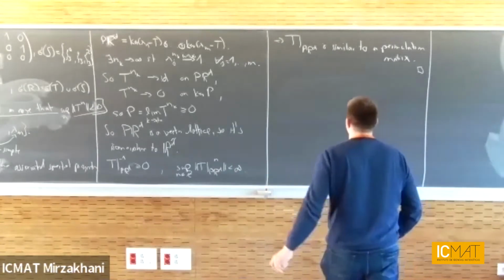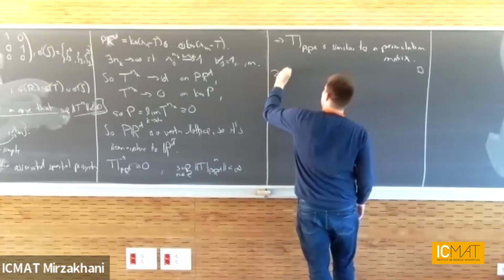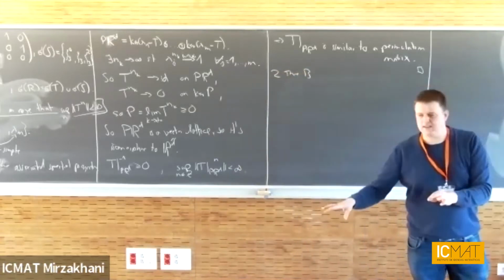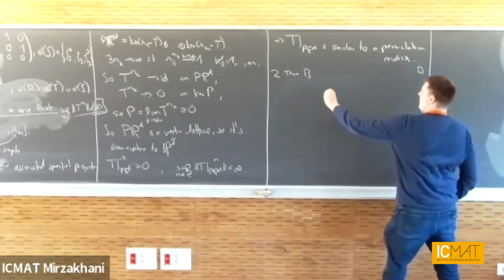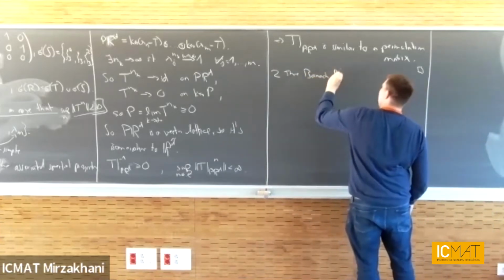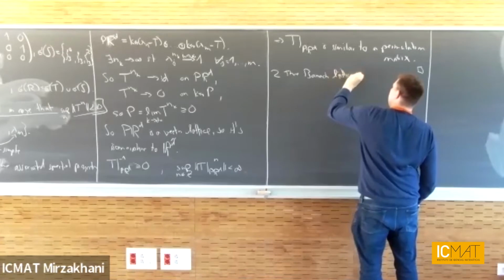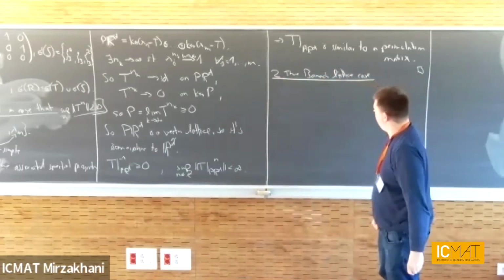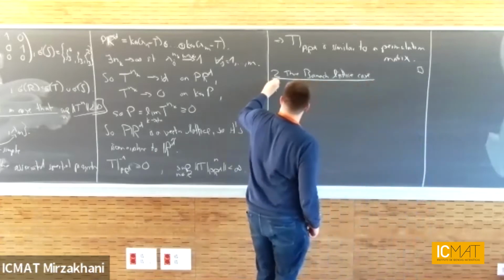Well, let's see. Part 2, the Banach lattice case. So this is a conference on Banach spaces and Banach lattices. I need to mention Banach lattices. So here's theorem 3.